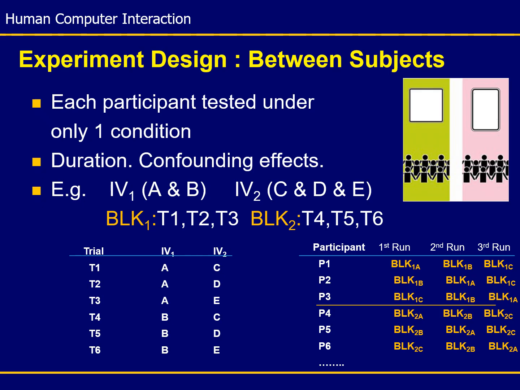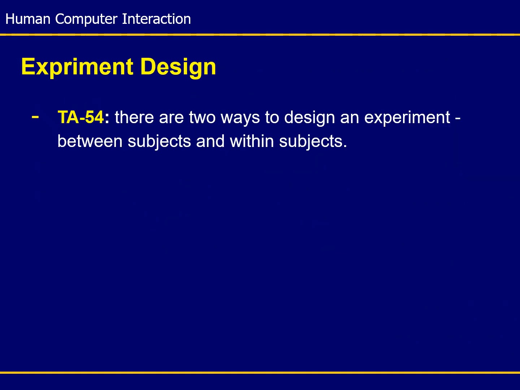Okay, so we have two ways to run the experiment. It's called experiment design, either within subjects or between subjects. And this is the takeaway. There are two ways to design an experiment: between subjects and within subjects.